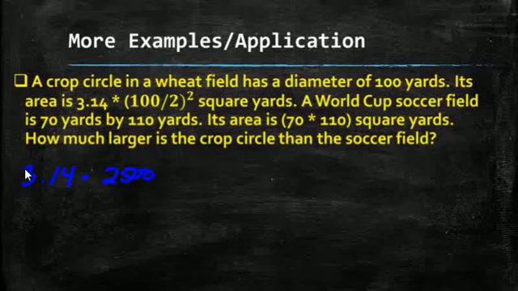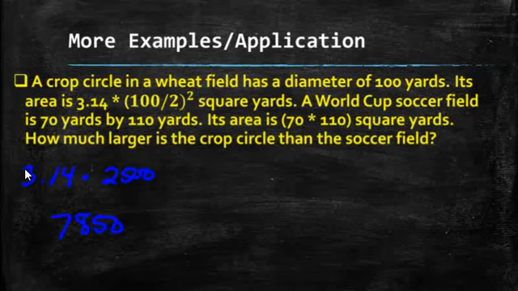And 3.14 times 2,500 gives us an answer of 7,850. That's the area of the crop circle. The World Cup soccer field is 70 times 110. So I take 110 and I multiply that by 70.